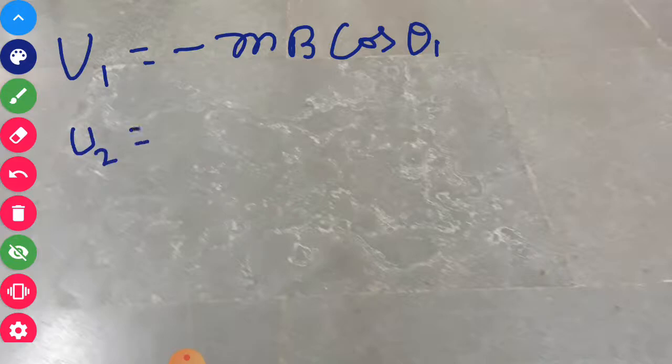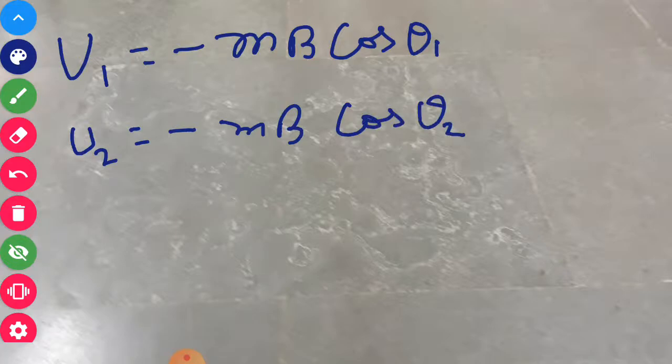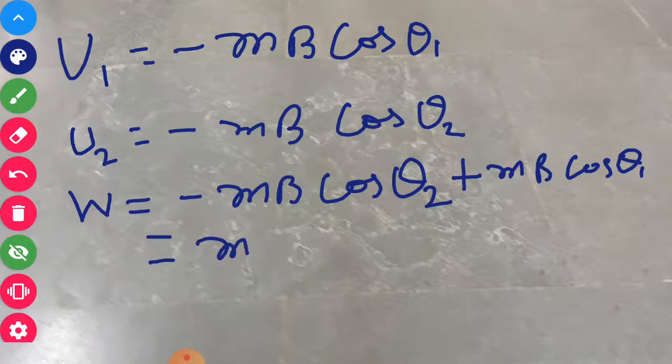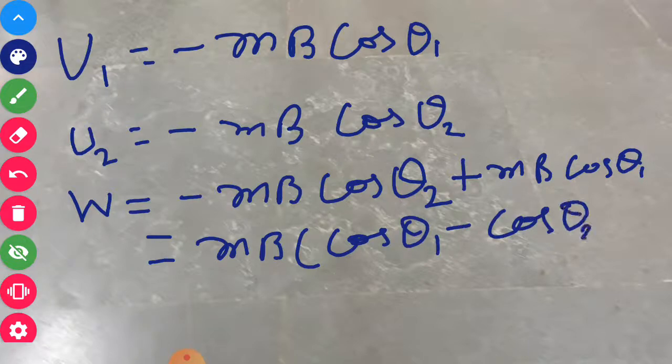U2 is equal to minus mB cos theta 2. Now work done is nothing but final potential energy minus initial potential energy. So we can write minus mB cos theta 2 plus mB cos theta 1, and mB can be taken as common. It is mB times (cos theta 1 minus cos theta 2).